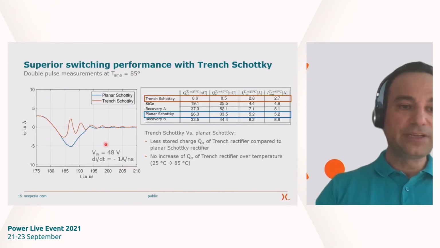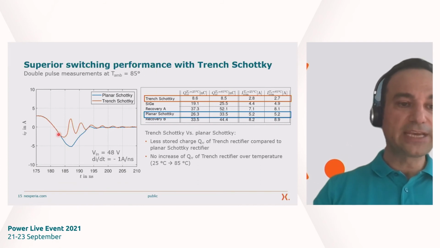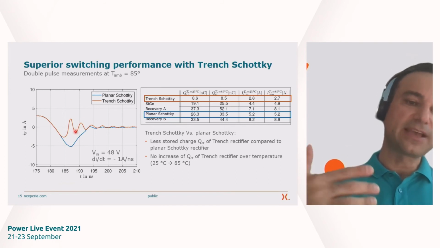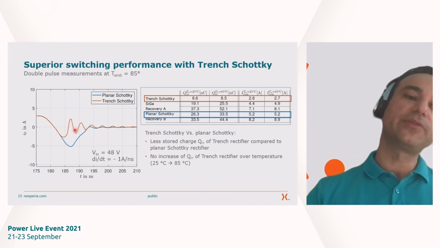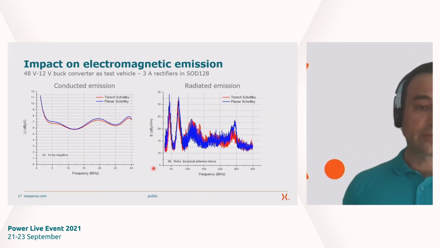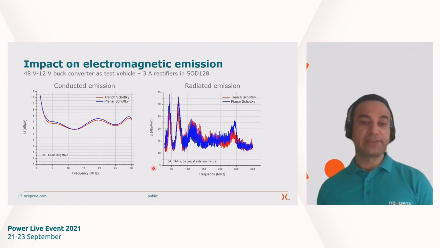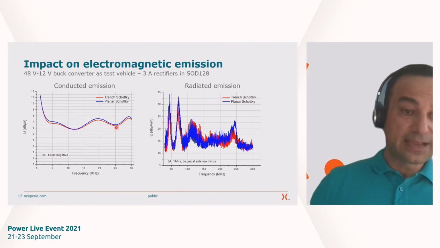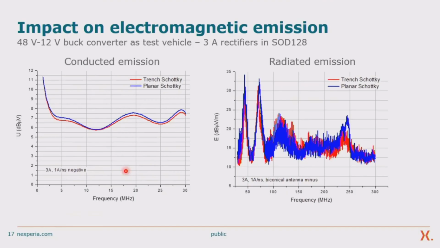You might have been wondering about this ringing, which was seen for the trench Schottky device in the reverse recovery measurements, and about any impact on the EMI behavior. Therefore, we measured the conducted and the radiated emission of the converter. So you see here on the left-hand side, the trench Schottky is absolutely on par with the planar Schottky.